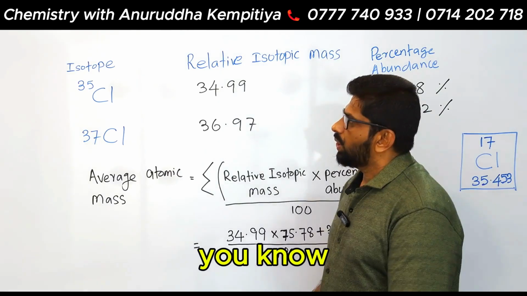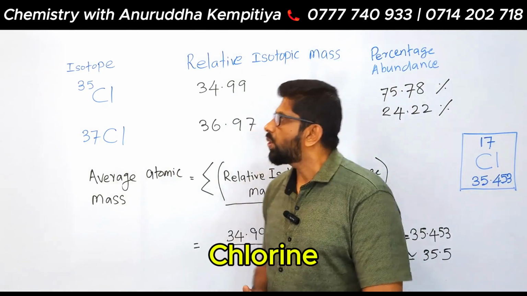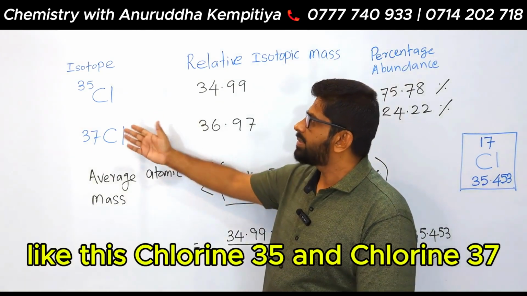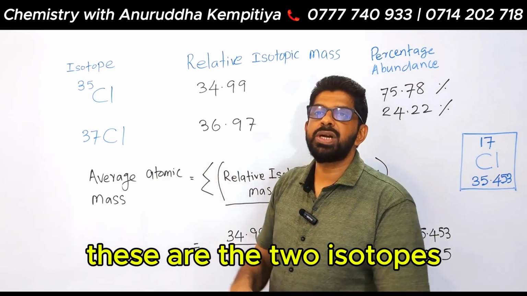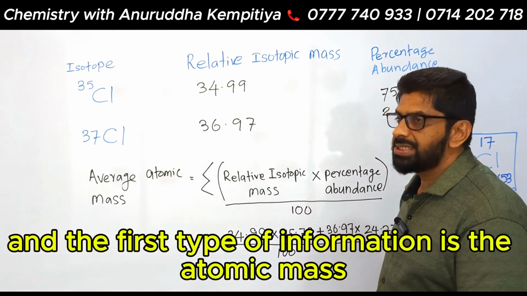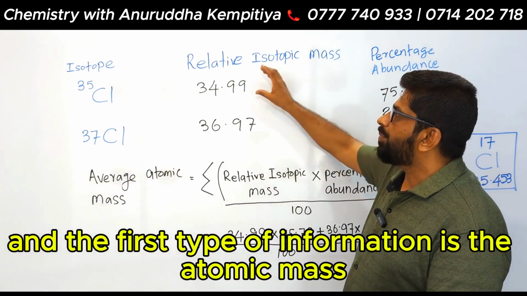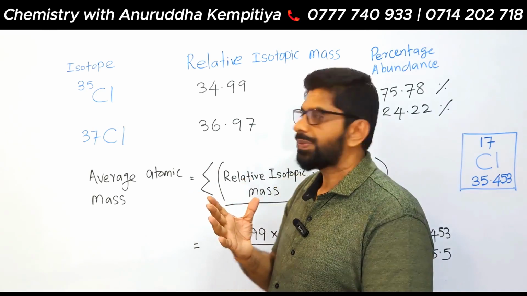Okay, you know an element consists of several different isotopes. Chlorine, like this, chlorine 35 and chlorine 37. These are the two isotopes. And the first type of information is the atomic mass, that is the mass of a single atom.